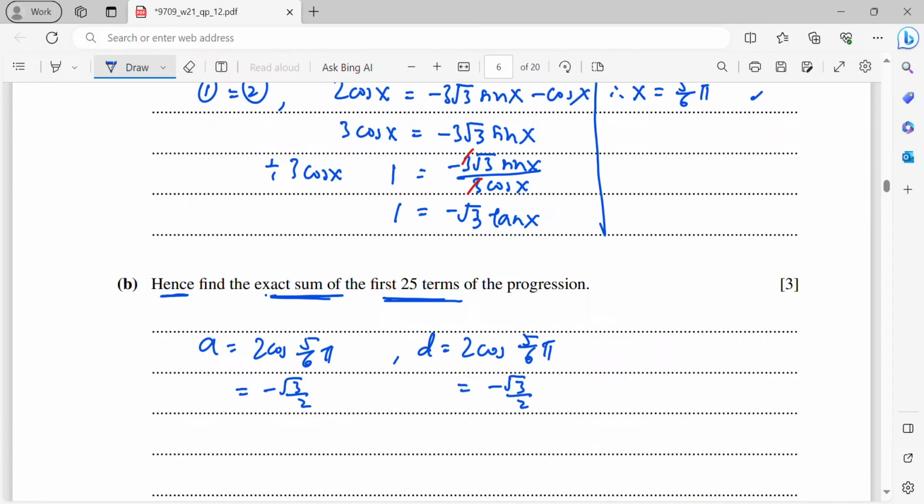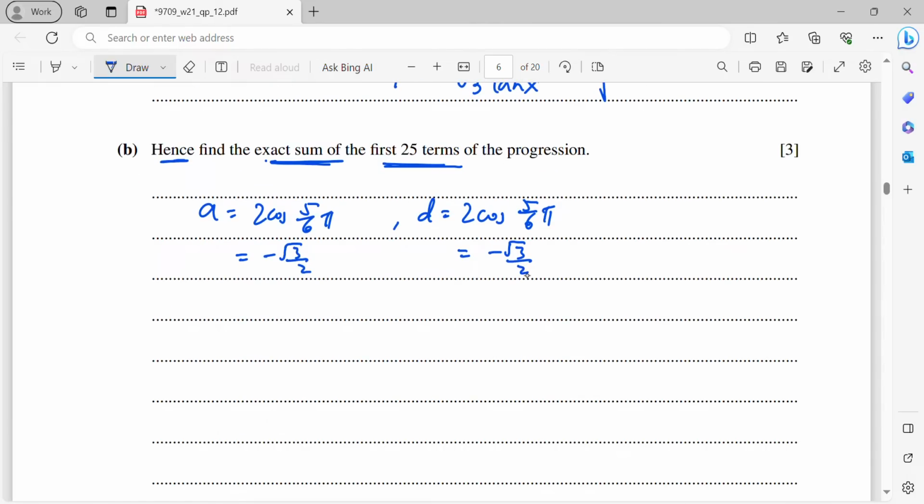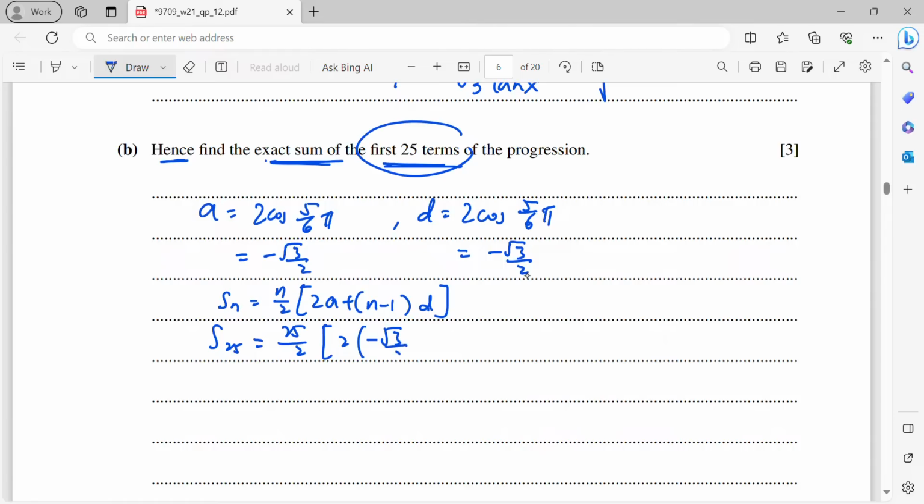Now to get the first 25 terms, our formula is Sn equals n over 2, 2a plus n minus 1 d. So now S25 equals 25 over 2, 2a, plus n minus 1 is 24. The d is negative square root 3 over 2.